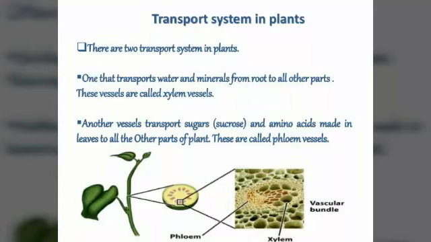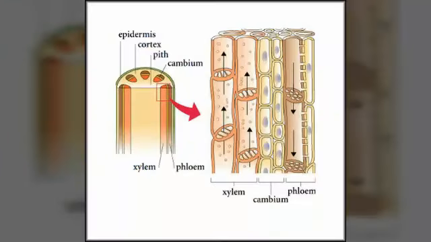These tissues are complex tissues, as you have read in class 9th. They are made up of different types of cells. In xylem there are 4 types of cells. Similarly, in phloem there are 4 types of cells.